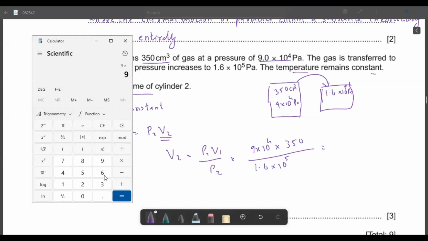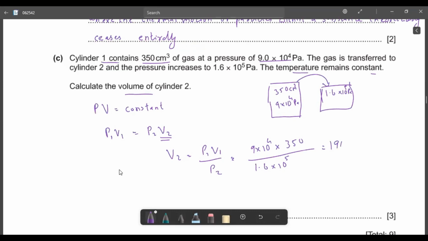9 into 350 divided by 1.6. That is 1968.75 into 10 raised to 4, and this will go on the top, that is minus 5.